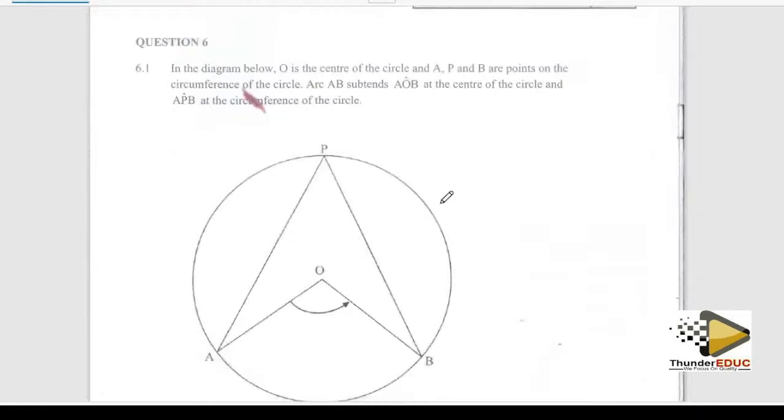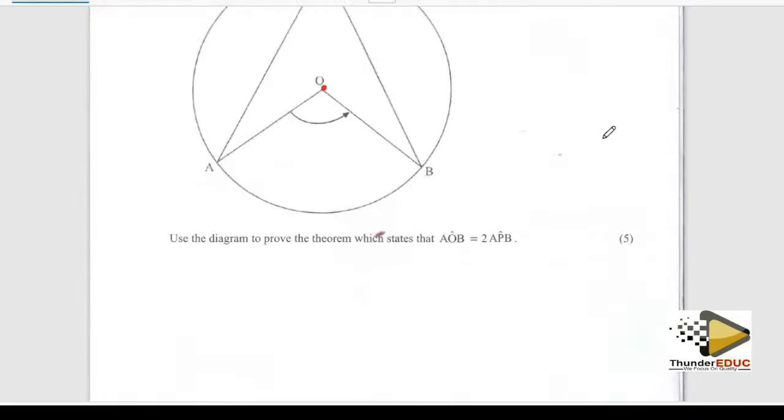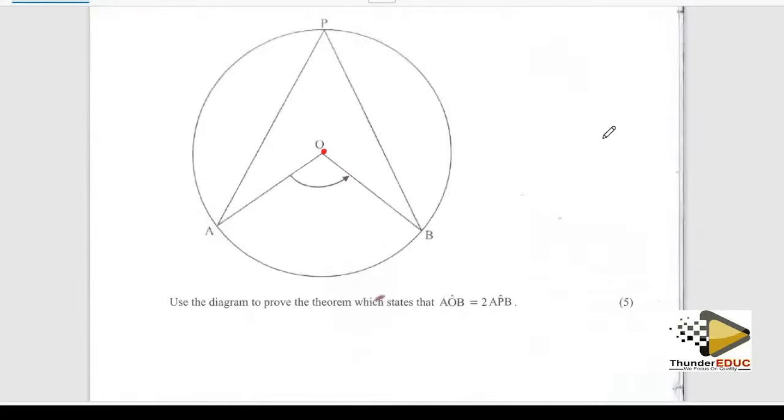Okay, that is question number 5. We move on to question number 6. They're telling us that in the diagram below, O is the center. We have A, P, B, points on the circumference of the circle. Arc AB subtends angle AOB at the center and APB at the circumference. Can we use the diagram to prove that AOB is twice APB?